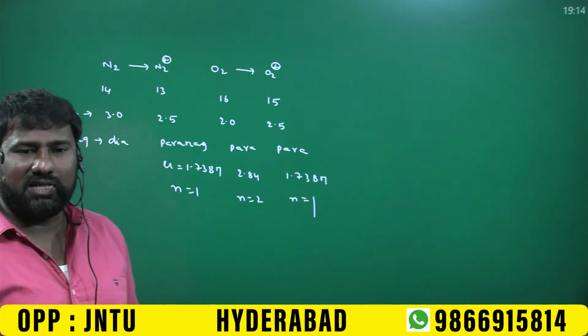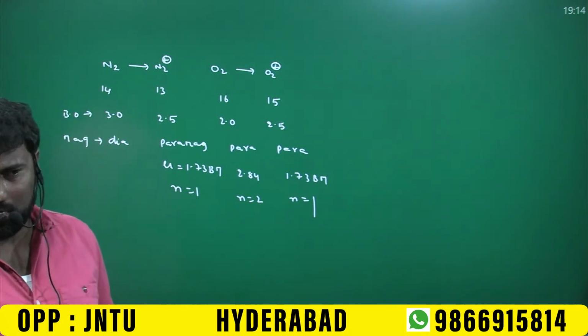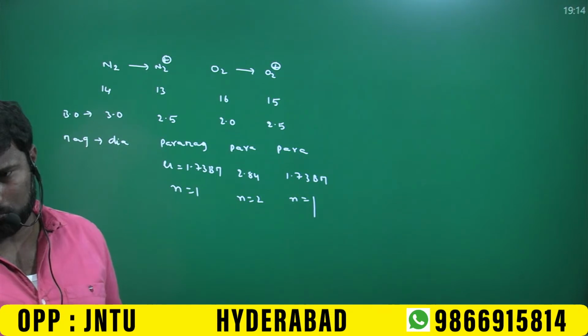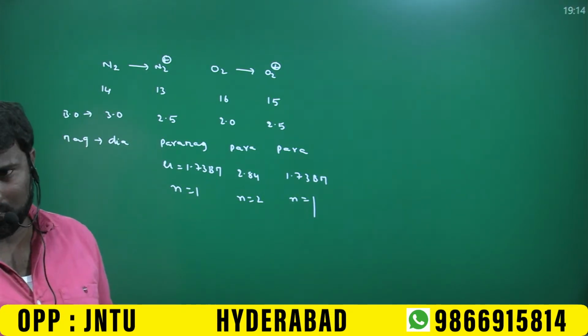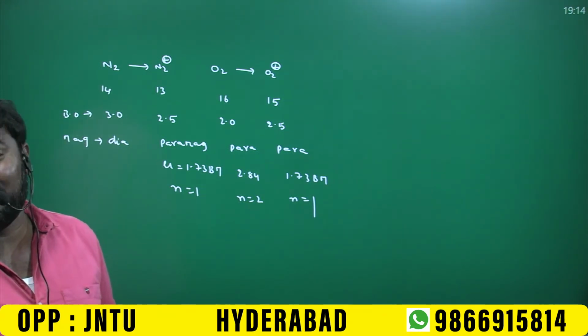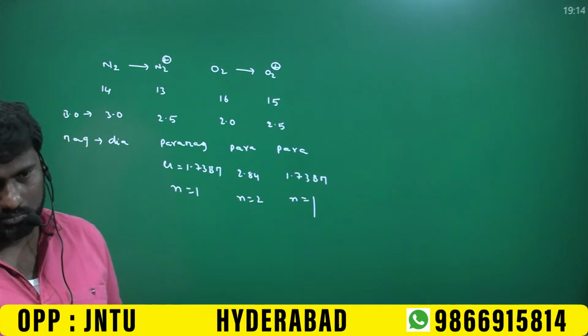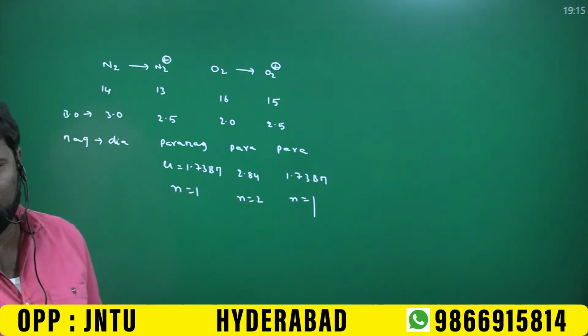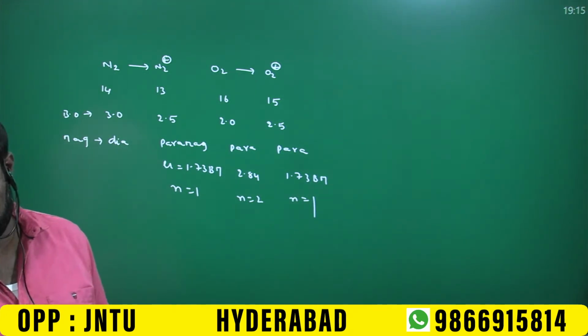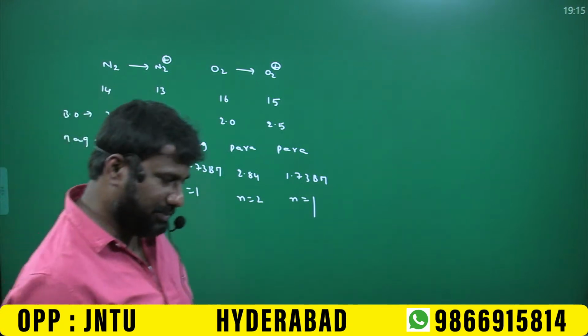Then the second one, the magnetic nature remains constant while N2 turns into N2 plus. False statement, or incorrect statement. Then while conversion of O2 into O2 plus, the magnetic property increases. False, because it decreases to 1.73. ఇలా అడుగుతాడు statements, right?